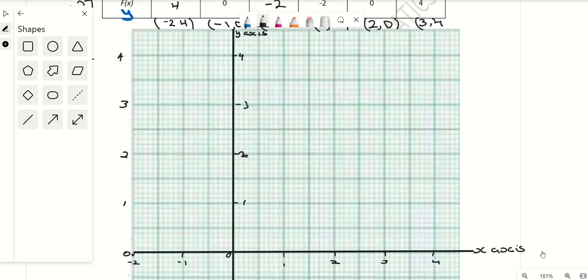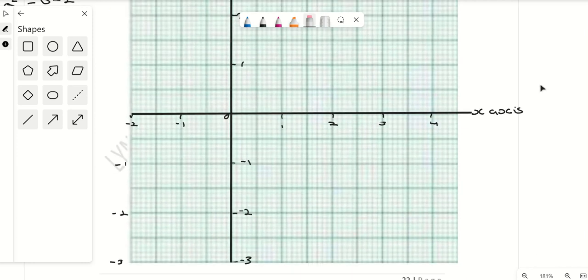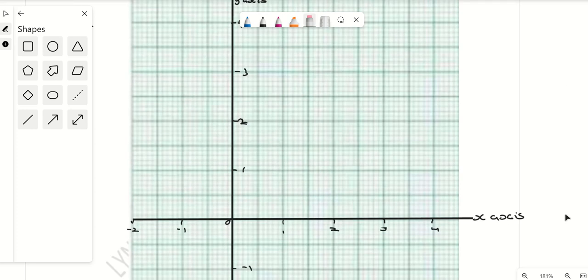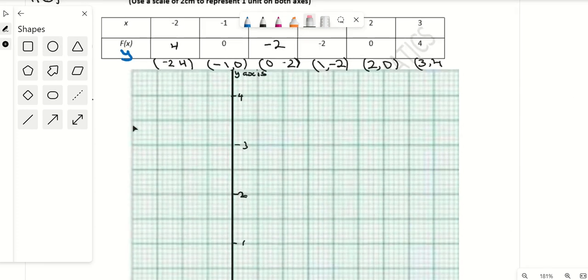Right? Then we just erase what is outside here, so we will not get confused. The numbers that we wrote outside the graph paper were just to show the location of the numbers after you drew your lines. Right, so the first coordinate we're going to draw is -2, 4.